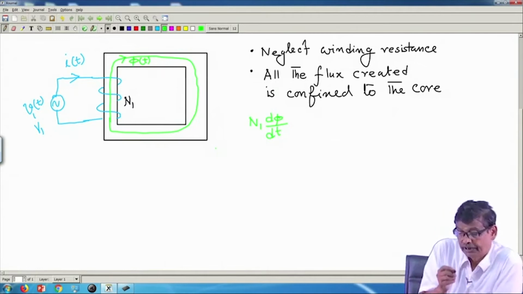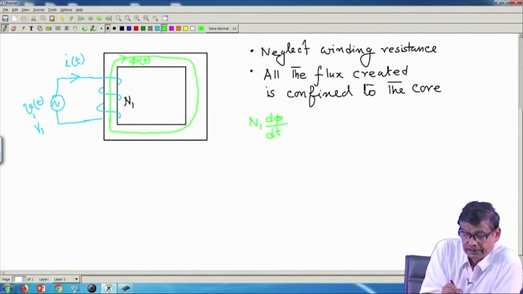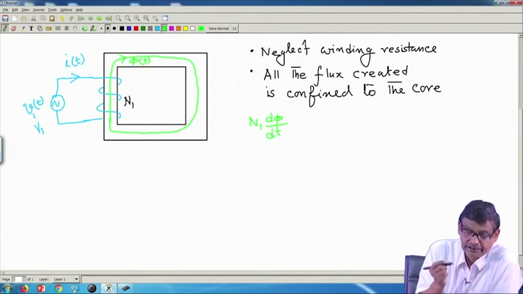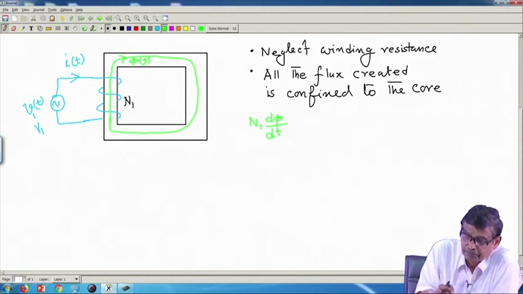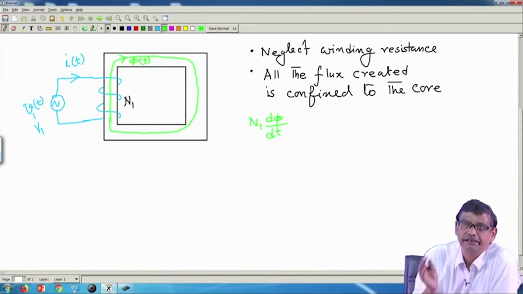Let us also say one thing about i(t). Let us consider this to be the instantaneous direction of the current, and not only that, di/dt is positive, that is d phi dt is positive, it is increasing.